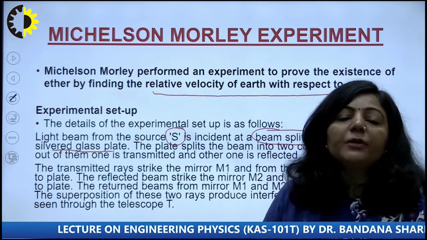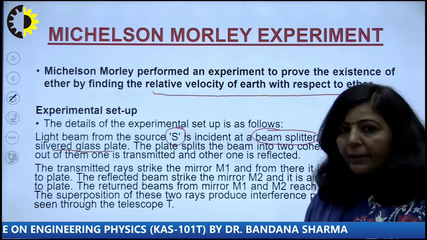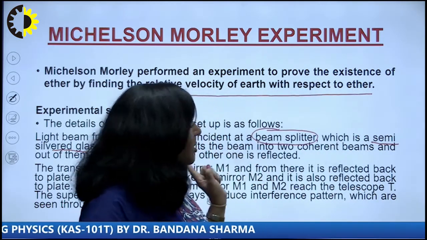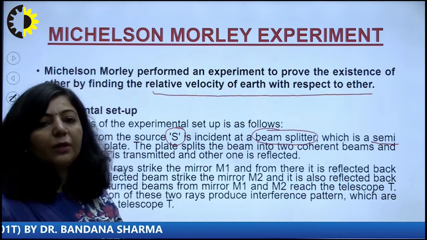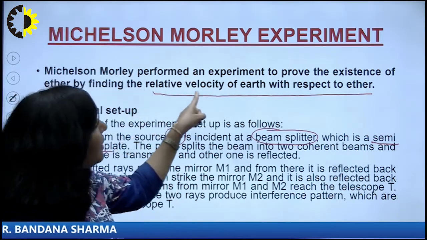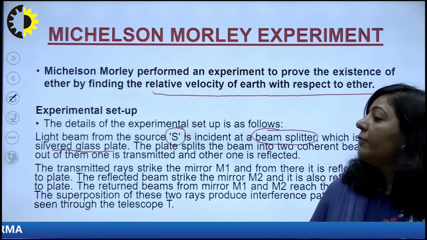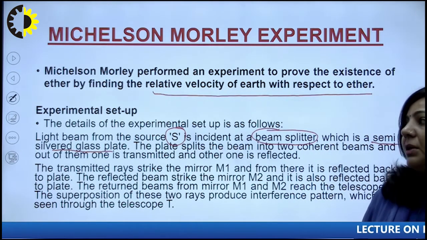And the front surfaces of those mirrors are highly reflecting. Clear? So again I am repeating: the objective of this experiment is to prove the existence of the ether medium by finding the relative velocity of Earth with respect to ether. If you can find that, you can say there is a medium like the ether medium.